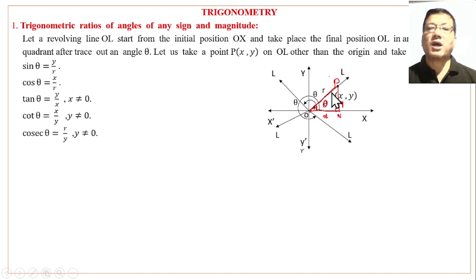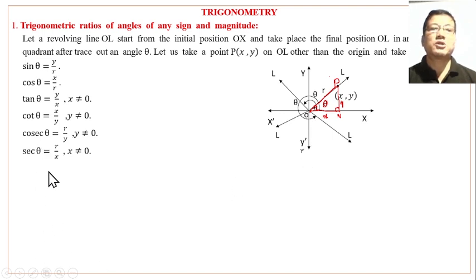Cosec theta is r by y, hypotenuse by perpendicular, where y is not 0. If y is 0, OL lies on OX or OX dash and it is not defined. Sec theta is r by x, where x is not 0. If x is 0, OL lies on OY or OY dash and it is not defined.